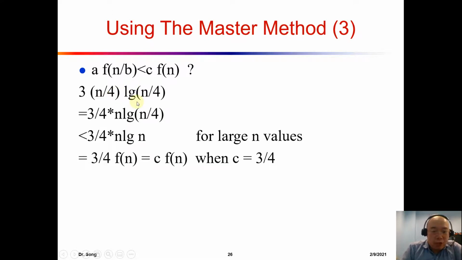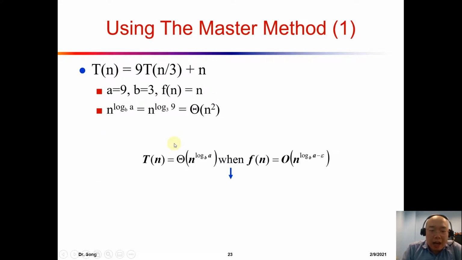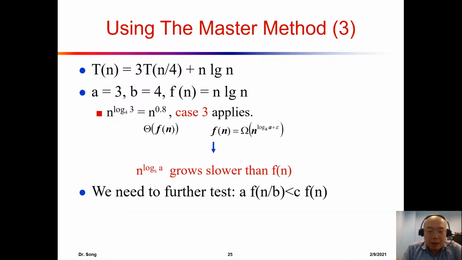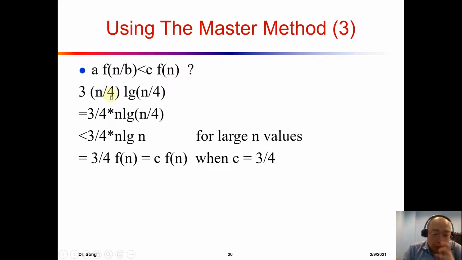If we massage this a little bit, can we have this part solved? We want to prove this part, and C has to be a value smaller than 1. Can we have that? Okay, so we start here, and we extract the 3 divided by 4 here, and we have the n log n divided by 4. And this value is smaller than 3 divided by 4 multiplied by n log n. And what is n log n?